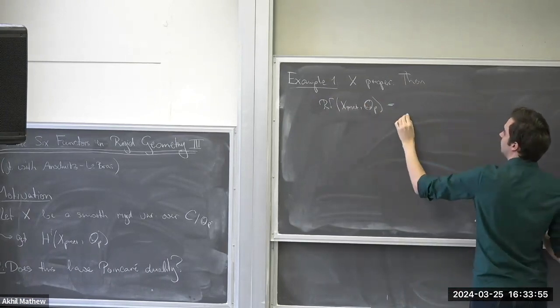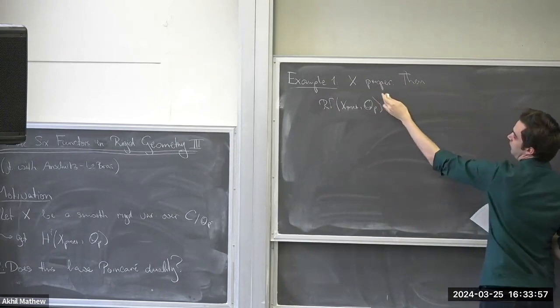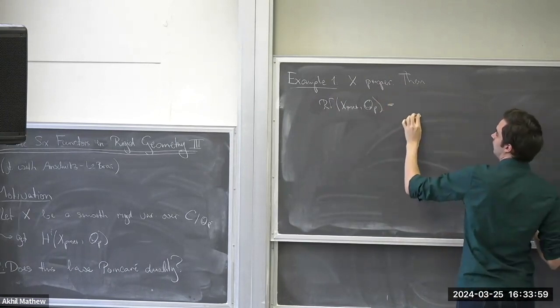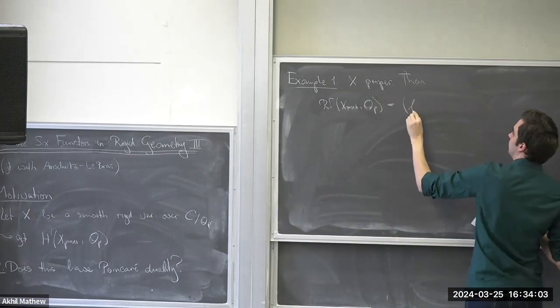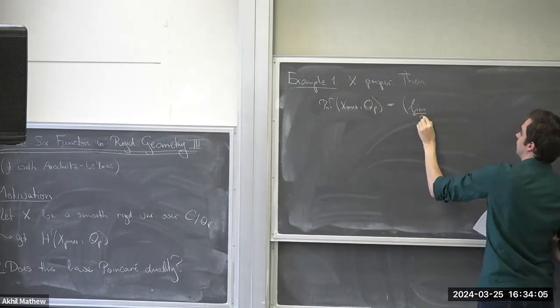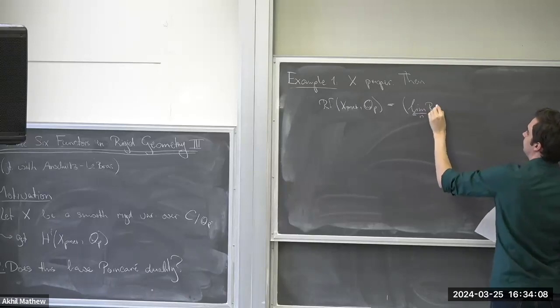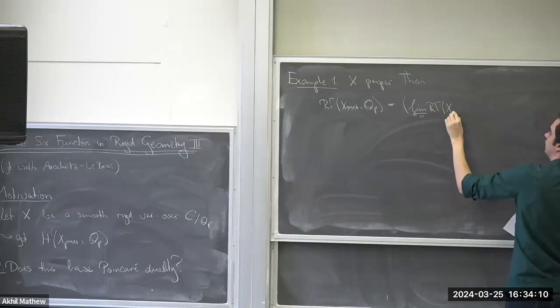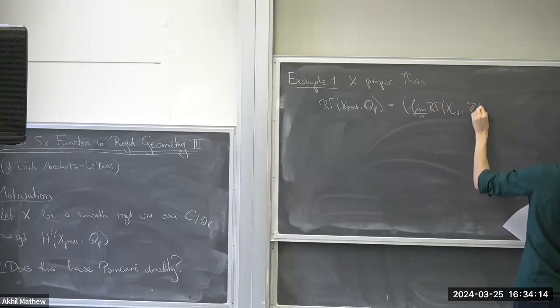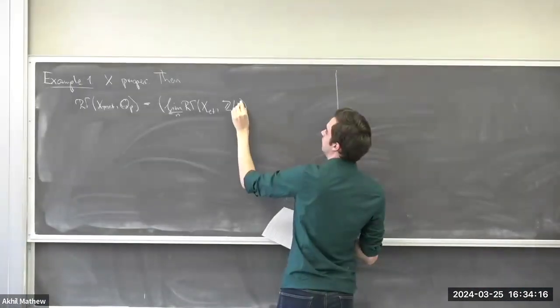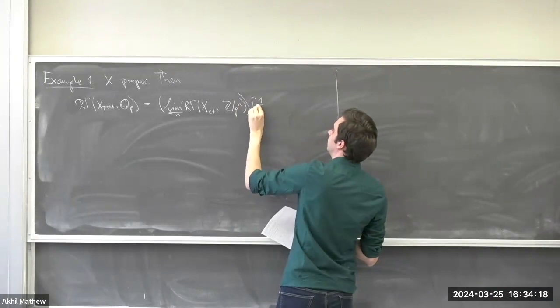It is just, well, as soon as X is quasi-compact and quasi-separated, we can compute this as the limit over n of RΓ(X étale, Z/p^n), and then I just invert p.